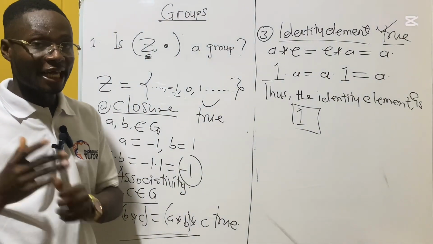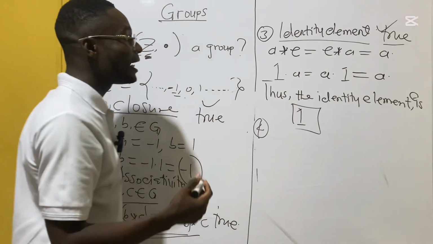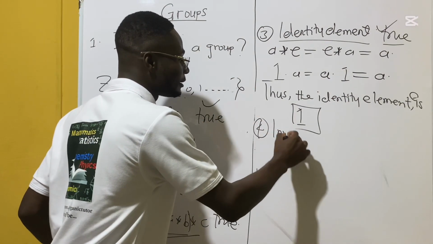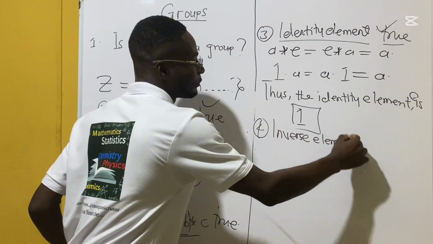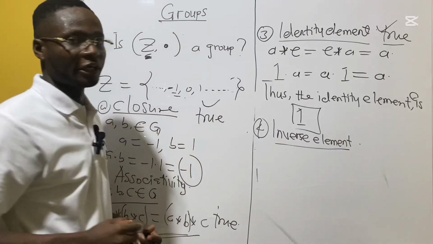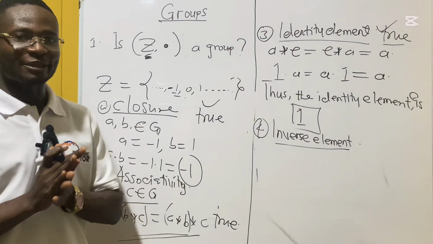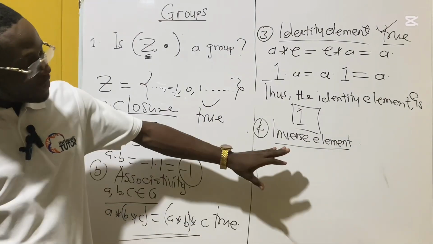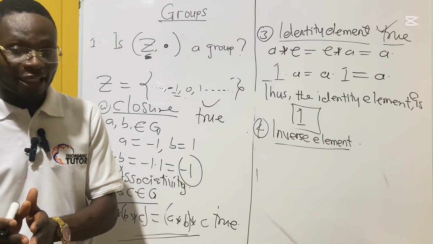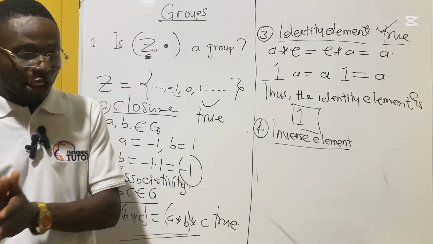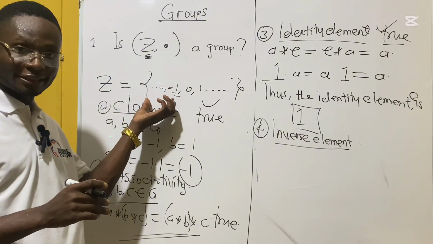So let's check for the inverse element. That is the interesting aspect. With the inverse, for every element that you pick, it should come from Z, the set of integers.